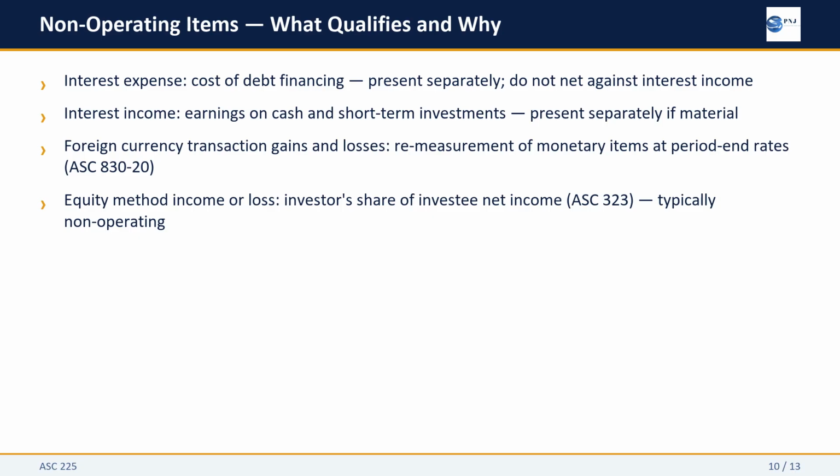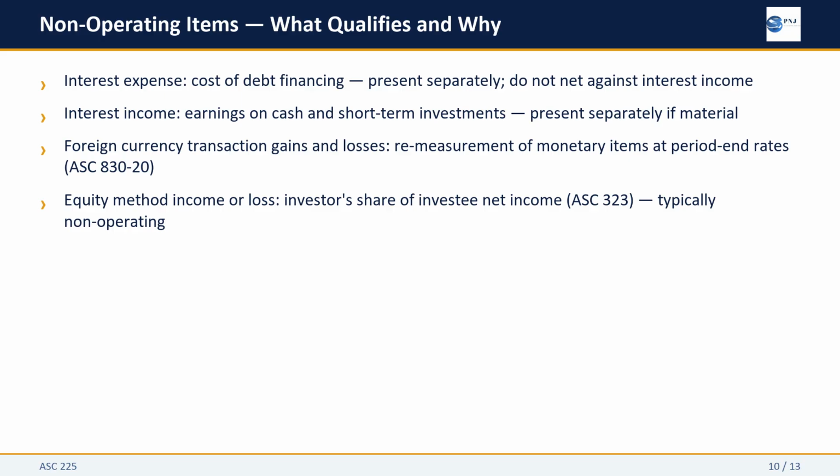Below operating income sits a different category: revenues, expenses, gains, and losses that are peripheral to the entity's primary business. Interest expense, the cost of carrying debt, is the most significant. It is presented on its own line, and a critical rule applies. You may not net interest expense against interest income unless specific netting criteria are met.